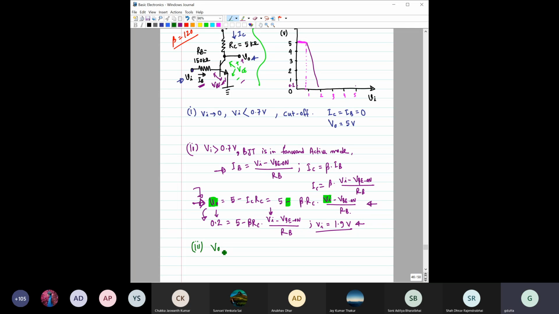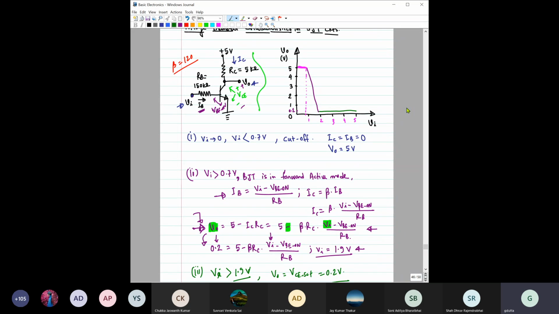Number 3: when this input voltage is greater than 1.9 volt, then output voltage will be equal to V_C sat, which is equal to 0.2 volt. So from here till this point, we are getting this type of pattern, I mean, this type of output.